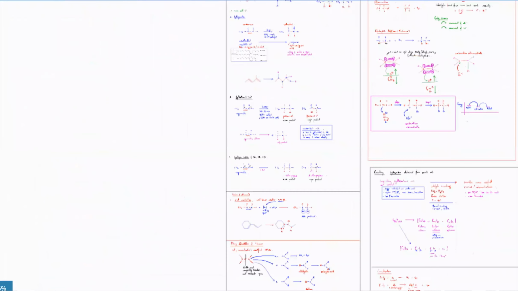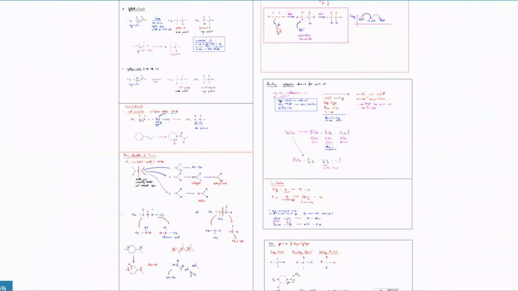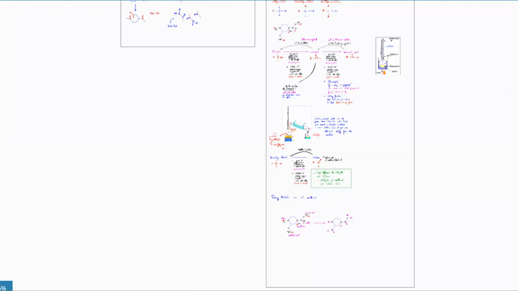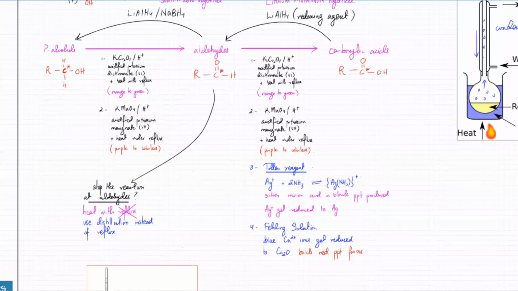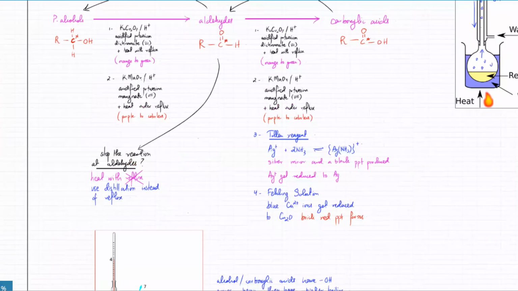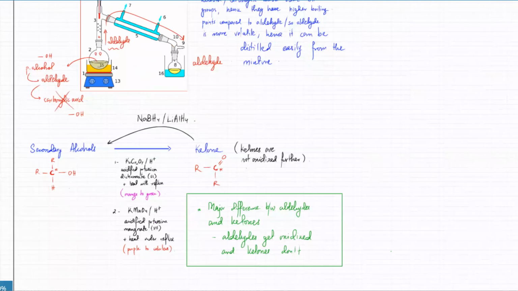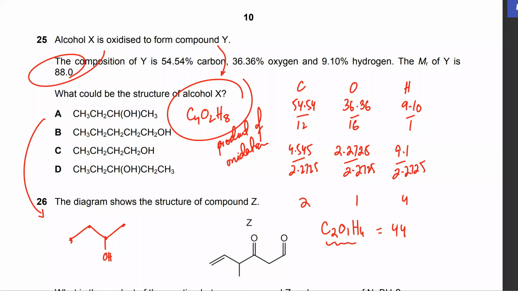What do secondary alcohols get oxidized to? Ketones. Okay, so secondary alcohols, where's our ketones? Just a second. This one. Secondary alcohols, they get oxidized to ketones. So it's going to turn into a ketone. So this thing over here will turn into a double bond O. Now let's try and figure out, do we have the same formula, which is, yes.